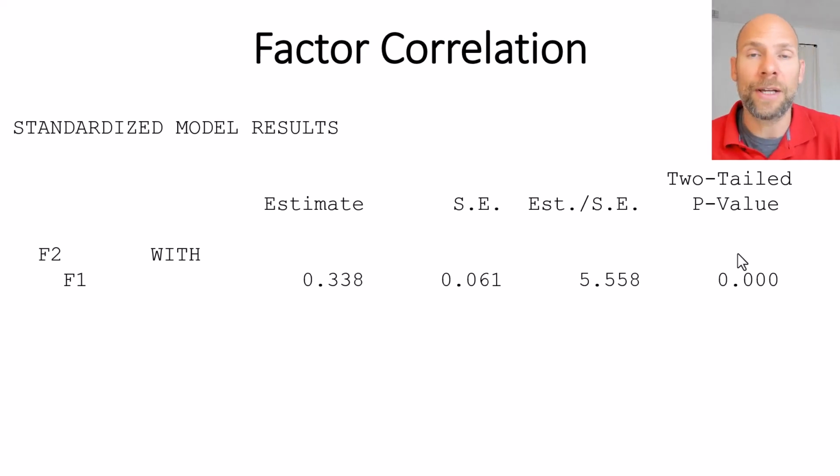Why is this factor correlation a valuable product of the confirmatory factor analysis? Because it gives us the correlation between true score variables. So it's basically a built-in correction for attenuation. If you have heard about classical test theory before, then you know that in classical test theory there's a correction for attenuation that allows us to estimate the correlation between true scores based on the observed correlation between variables and their reliabilities. Here, this correction for measurement error that would attenuate the correlation between observed scores is built into the CFA model.